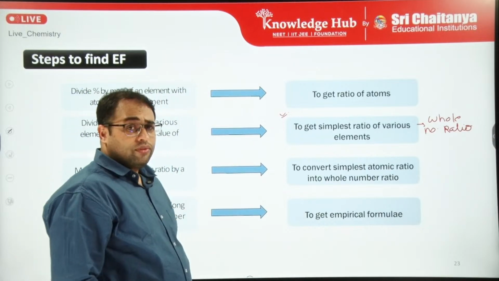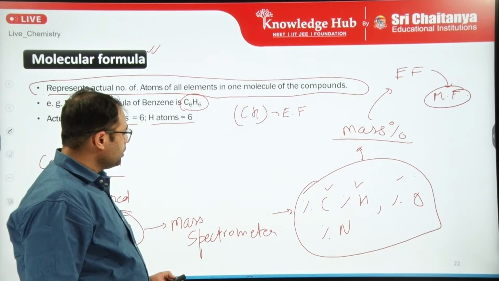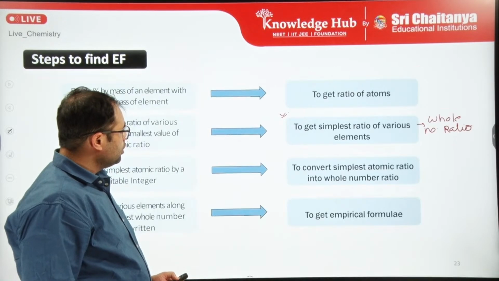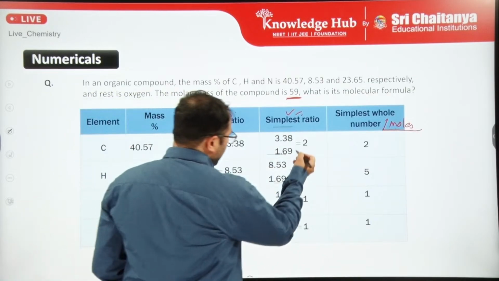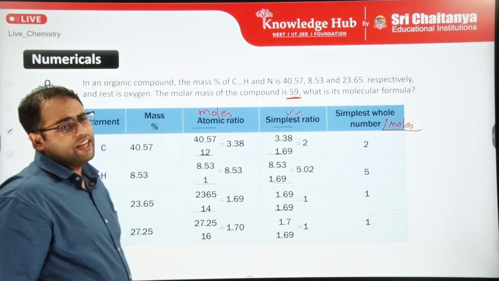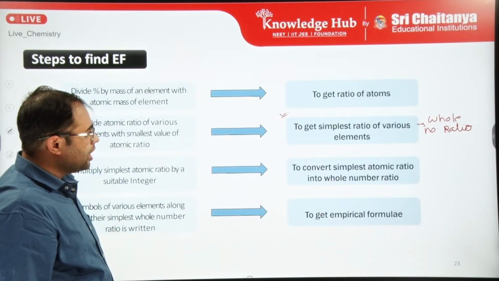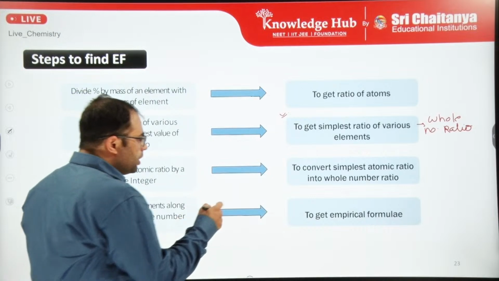But what if after dividing like this we did not get whole numbers, we get decimals, then what to do? Then your next step comes to the rescue.